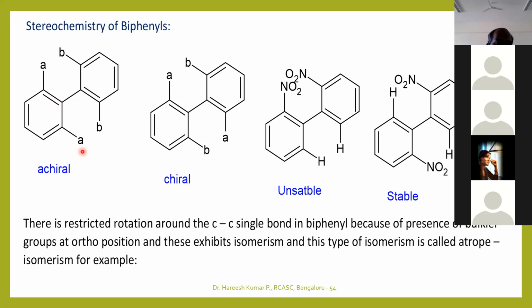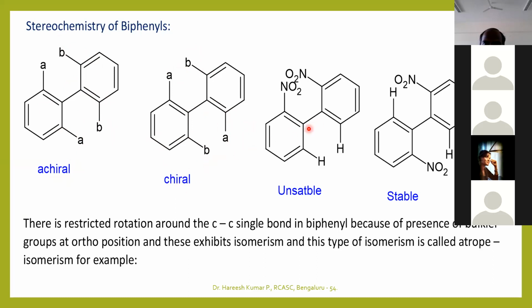Suppose A and A dash are the same, then these kinds of moieties are achiral. If B and B dash are the same, then these types of compounds are also achiral. What is the criteria? A different from A dash, and B different from B dash is the criteria. So these types of molecules exhibit chirality.